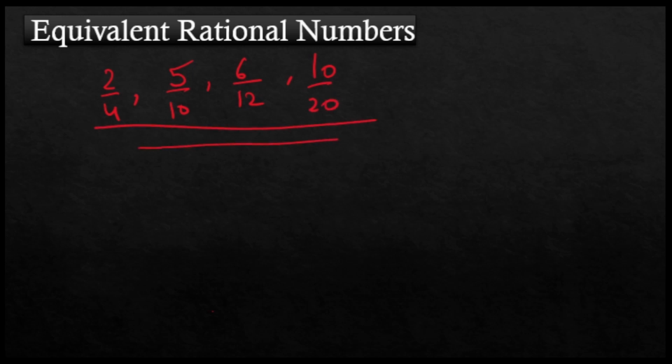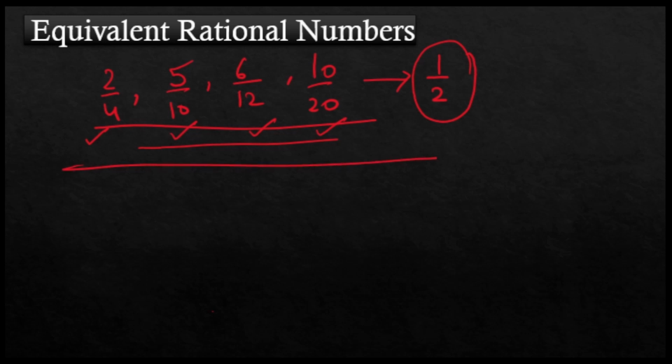Equivalent rational numbers. In the example of simplest form of rational numbers, I used 2 by 4, 5 by 10, 6 by 12, 10 by 20. And the simplest form of all these rational numbers was 1 by 2. It is clearly seen here that as their simplest form is equal, they have equal values.